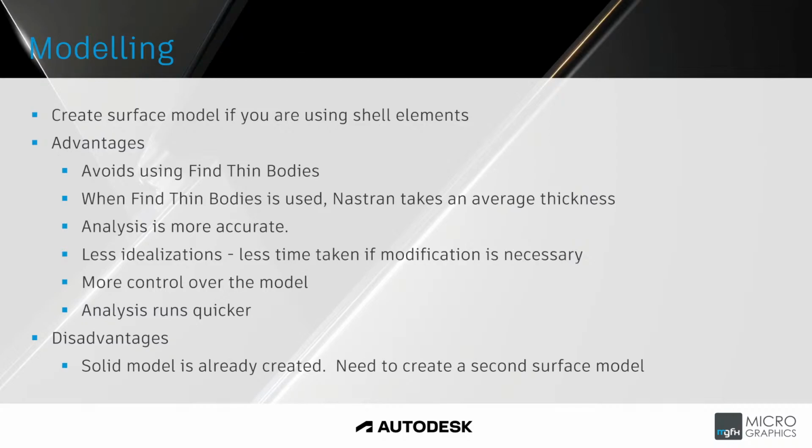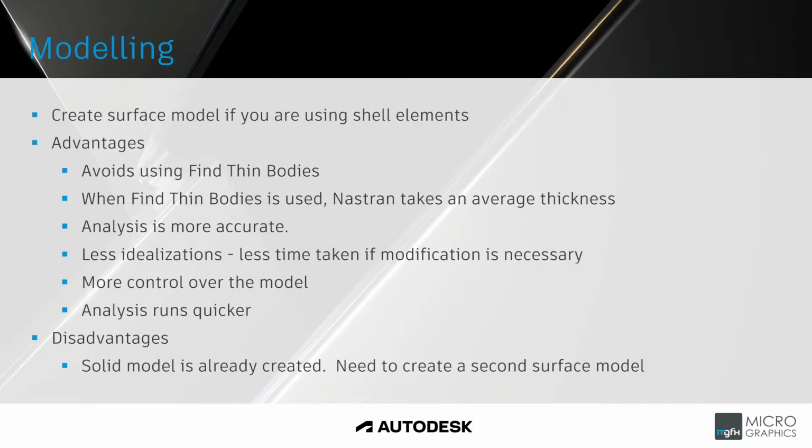That also comes back to where the model breaks very quickly when you try and modify it. And the analysis also runs much quicker, because you have less idealizations in this model. One of the disadvantages, and this is a very big one, is that the solid model's already created.